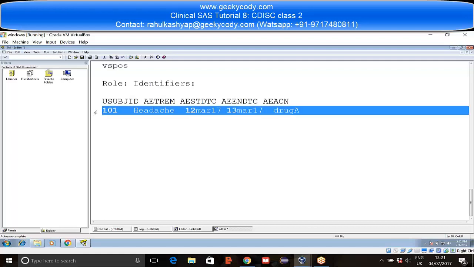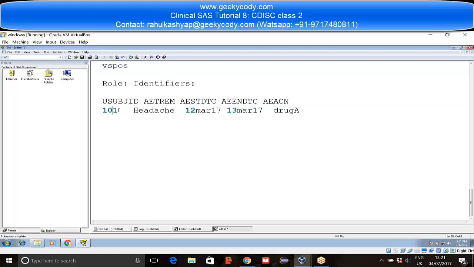That means this is the 101 subject record. This is the 102 subject. So here unique subject ID is an identifier. Like study ID, domain, unique subject ID, all these come under identifiers, which identify the record.